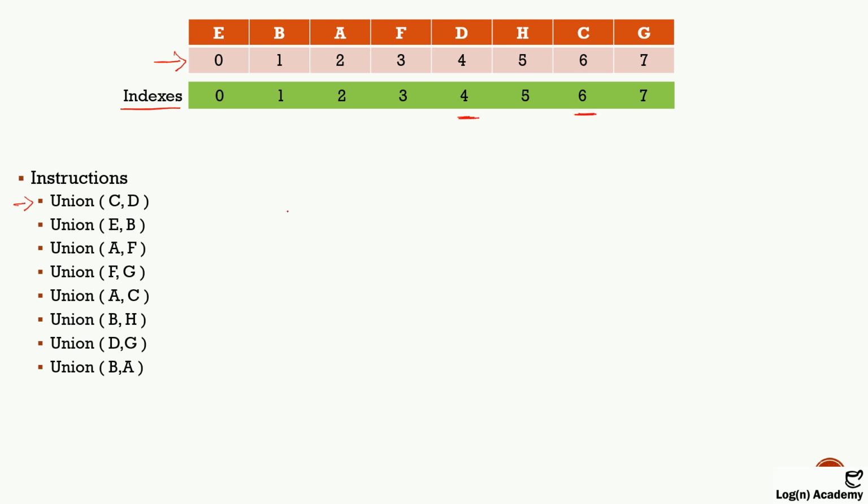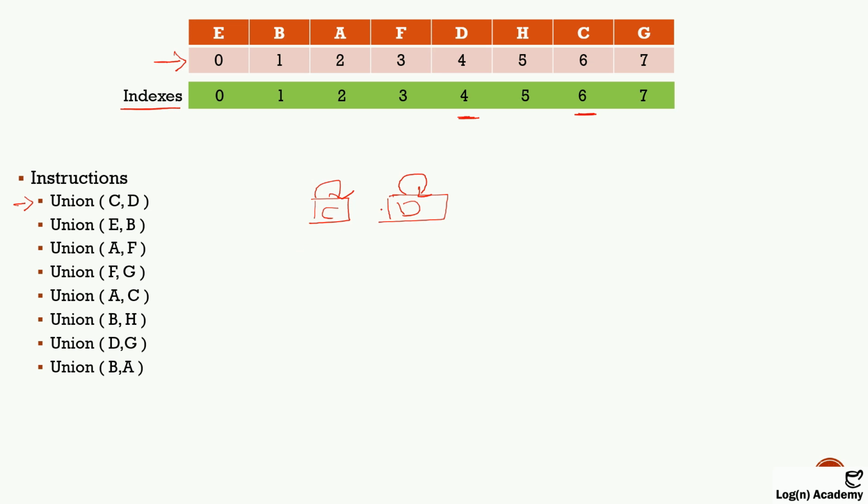So initially if I draw C and D, they are pointing towards themselves, because of the reflexive property. As you remember, every element is equal to or related to itself. This is the first property of equivalence relation.